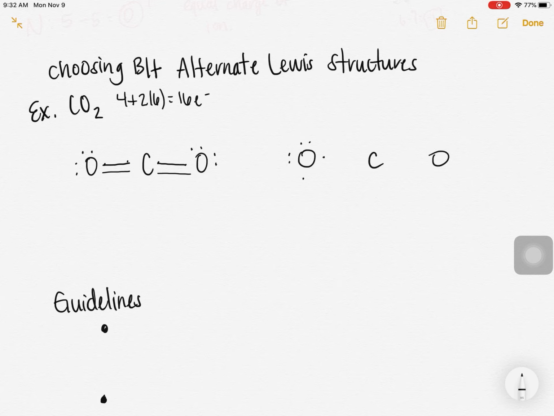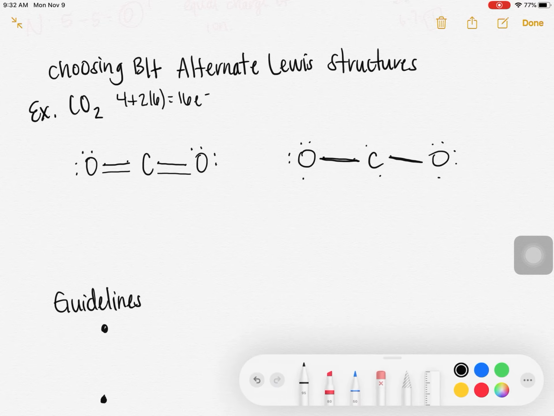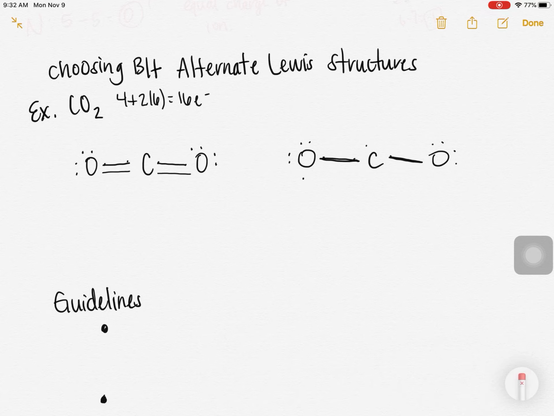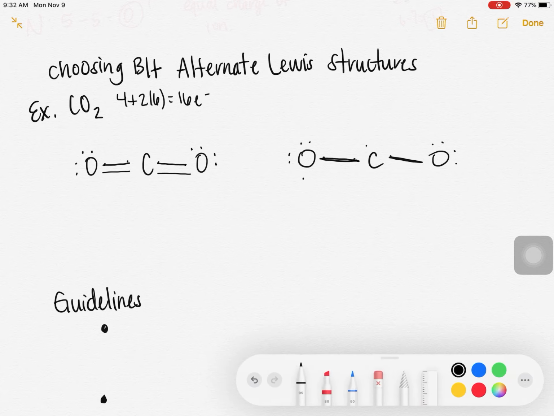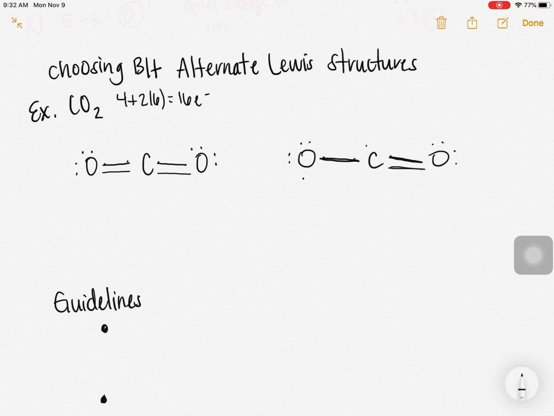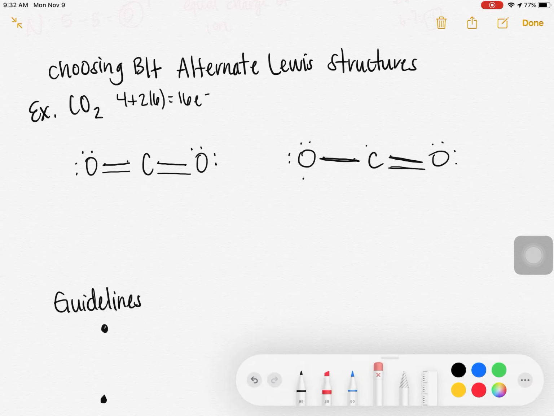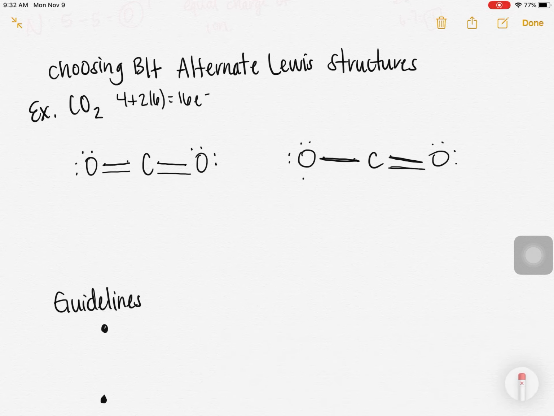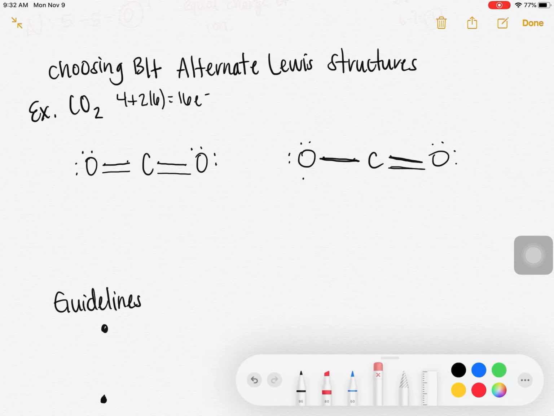So let me put my electrons back in. Bond. Okay. And then what if I form a double bond here? And then this might seem like it wouldn't be the thing that sticks out to you the most, but what if we took this electron and moved it here?